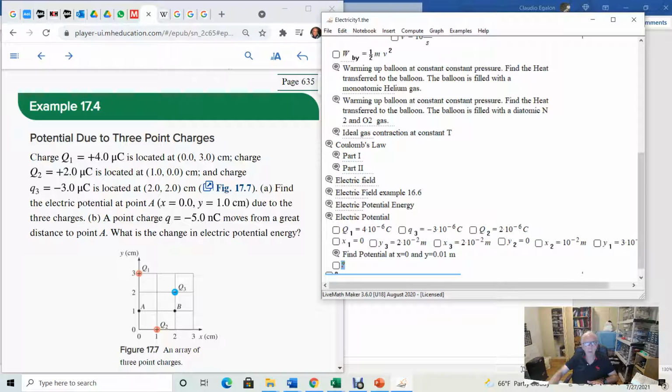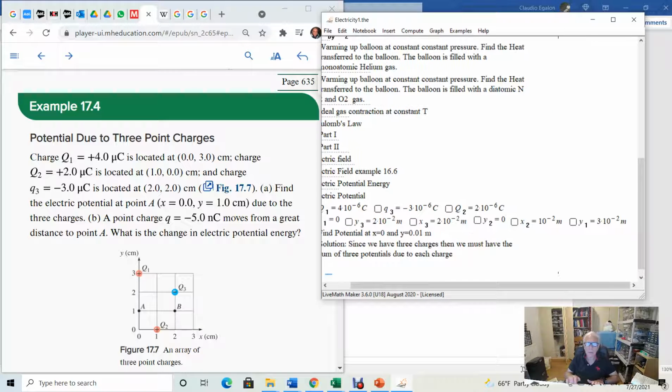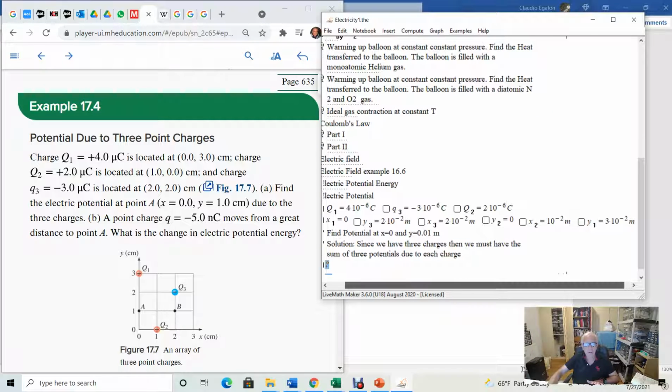Right, how do we find out? Okay, solution. Since we have 3 charges, and we're talking about the electric potential, not electric potential energy, then we must have the sum of 3 potentials due to each charge. That's the difference between electric potential energy and electric potential.